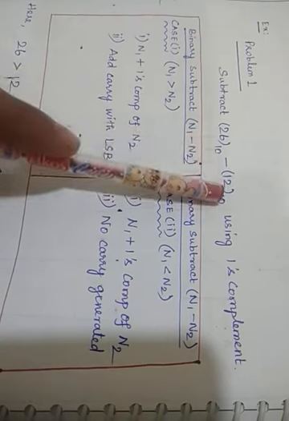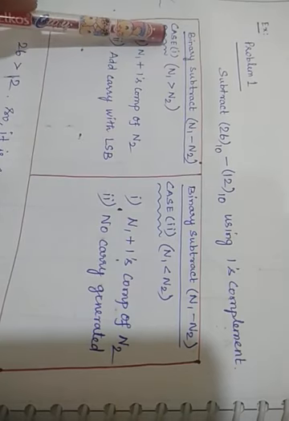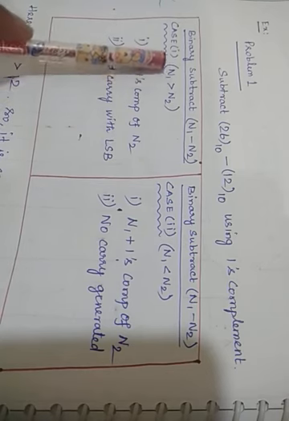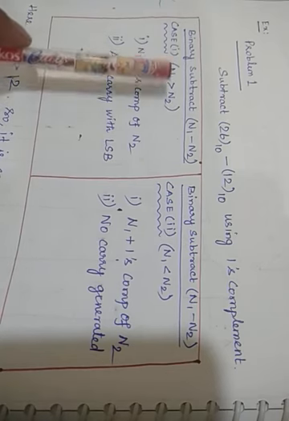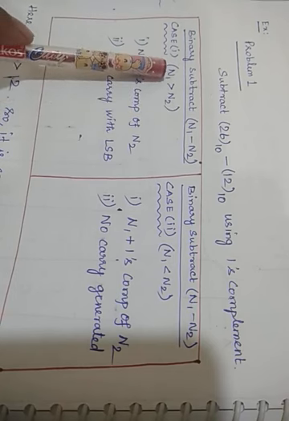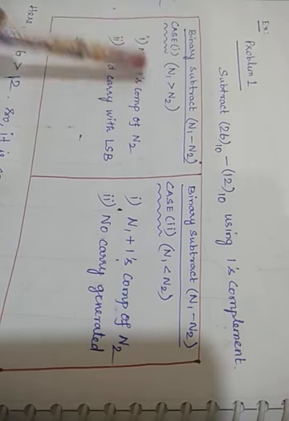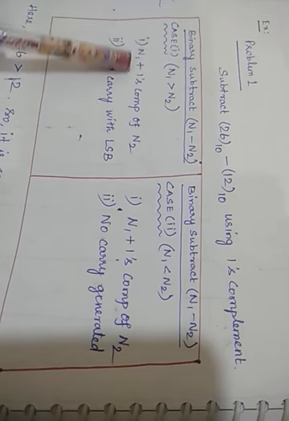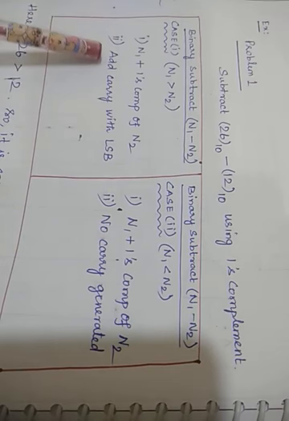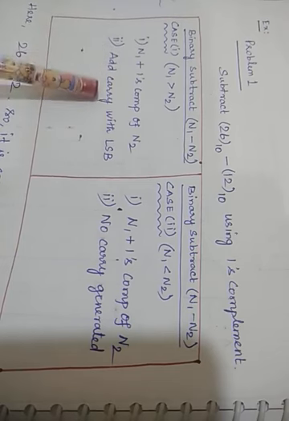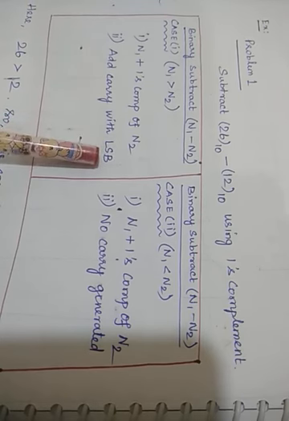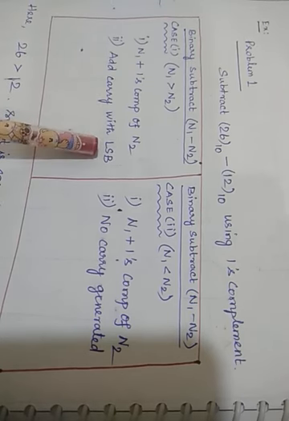Case 1: if n1 is greater than n2, which means the first number is greater than the second number, then first, n1 plus 1's complement of n2. Second step is add the carry with LSB. LSB means least significant bit, or otherwise we can say the rightmost binary digit.